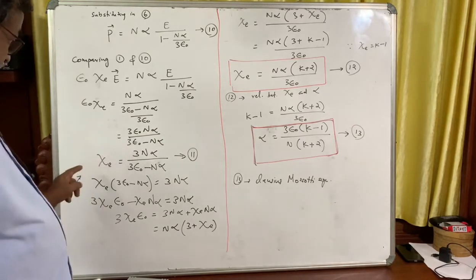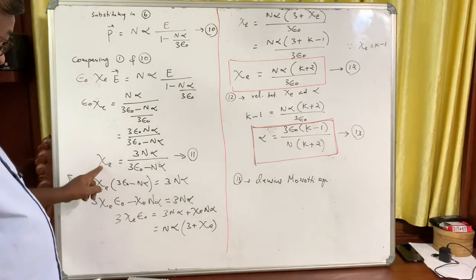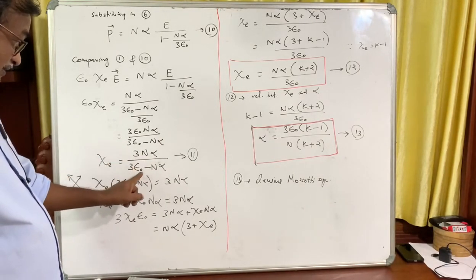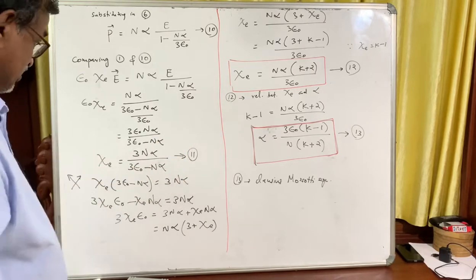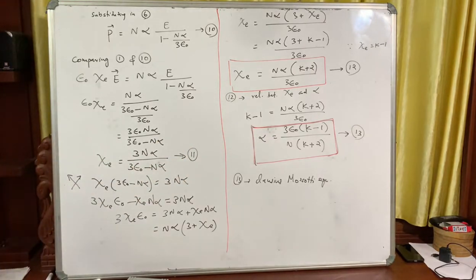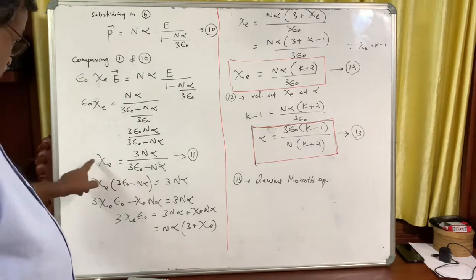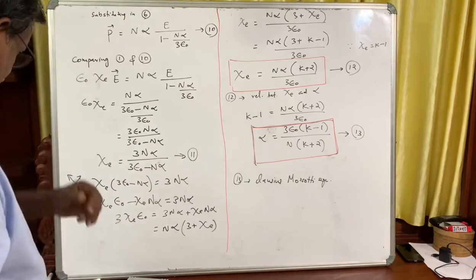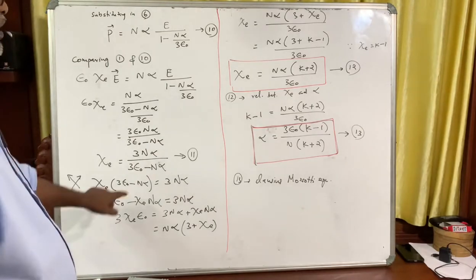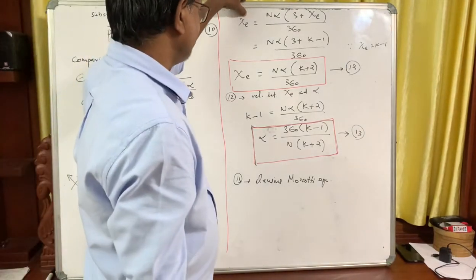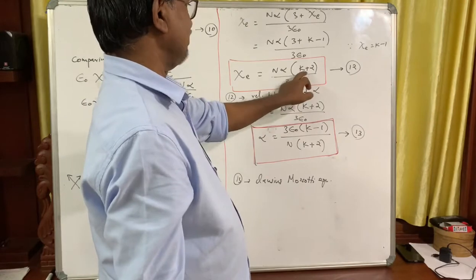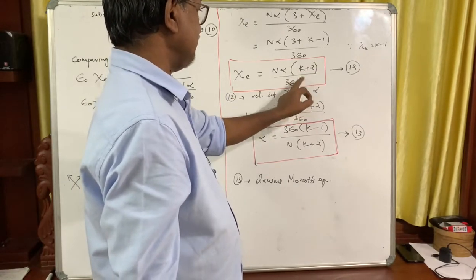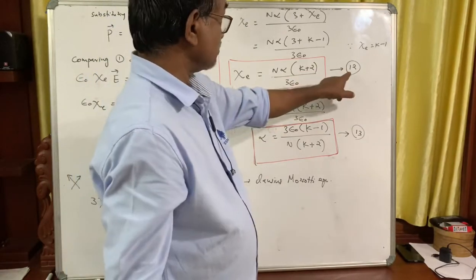Chi E is equal to 3 N alpha by 3 epsilon 0 minus N alpha, that is equation 11. Cross multiplying, this term goes to the left-hand side, and from this we calculate chi E, and chi E becomes N alpha into (k plus 2) by 3 epsilon 0, equation 12.